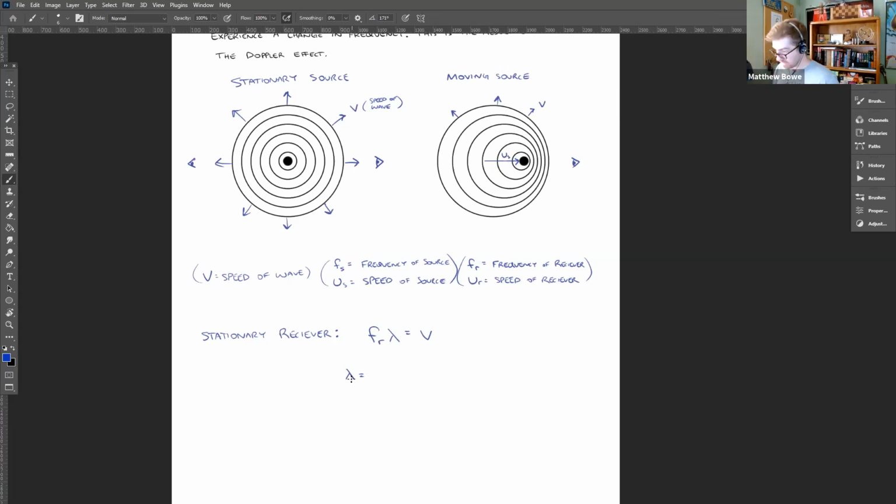So for this wavelength, the stationary receiver can figure out how to find it by looking at the speed of the wave, v, and we're going to do a plus or minus. The plus or minus is just dependent on which side of the wave you are on. So I have this observer right here.